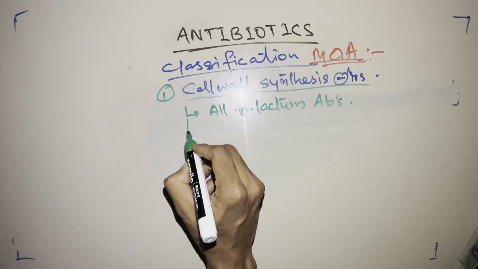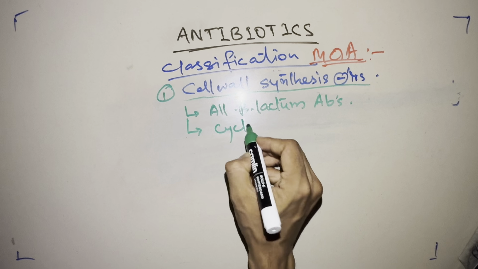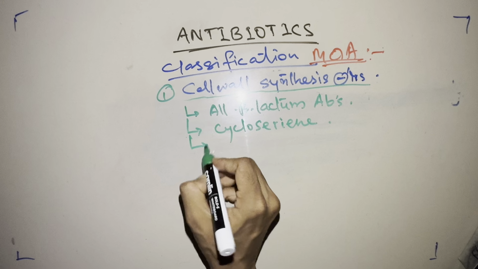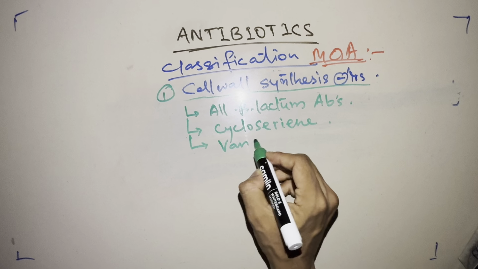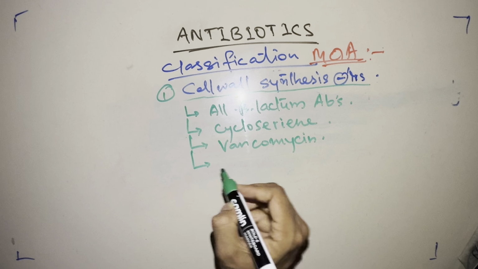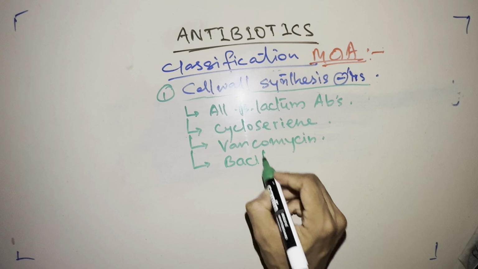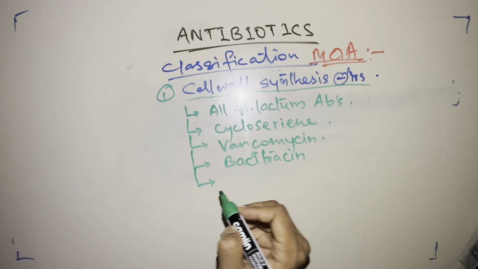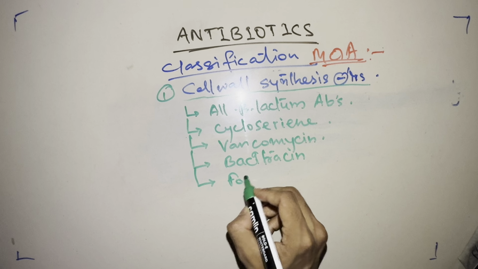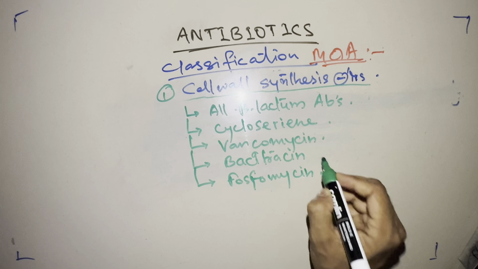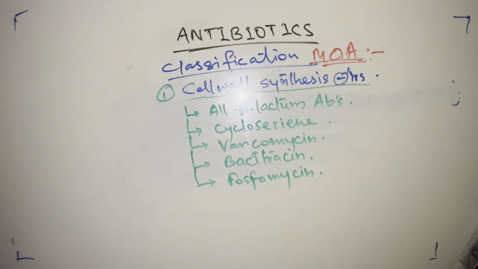Next, cycloserine. Next, vancomycin. Next, bacitracin. And next, phosphomycin. So these all are cell wall synthesis inhibitors.